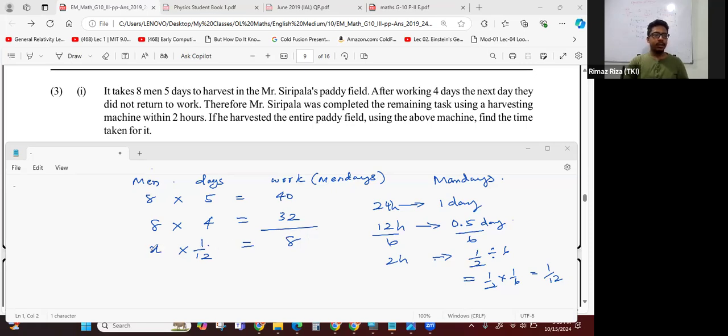So work is completed. Then we can find the machine is equivalent to how many men. If we take x here, x equals, the division by 12 goes to that side as multiplication, so it will be 8 into 12.